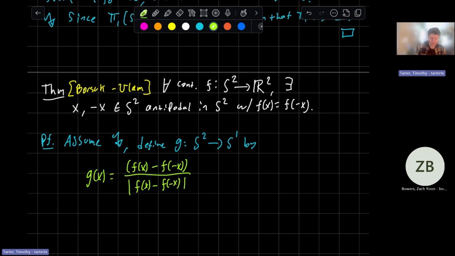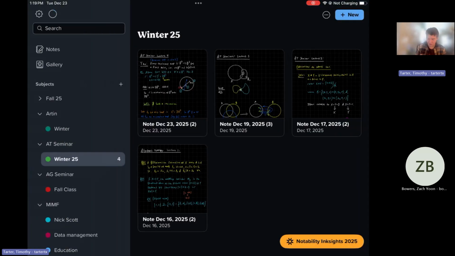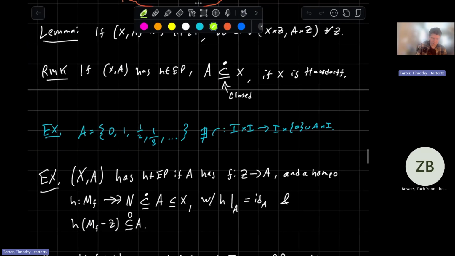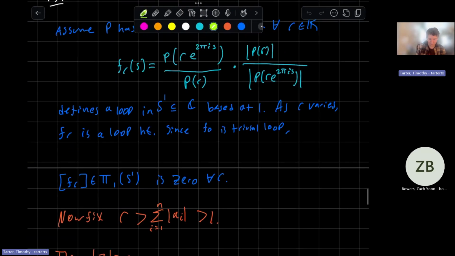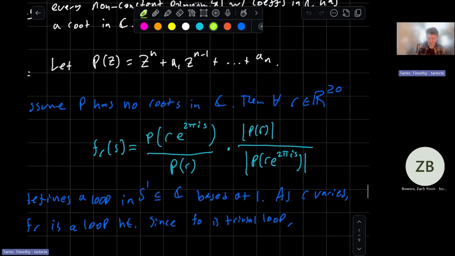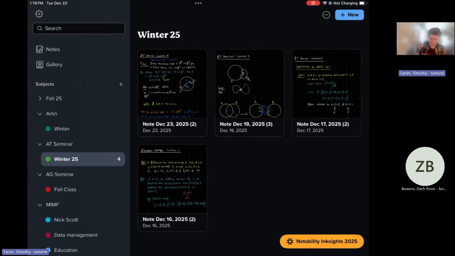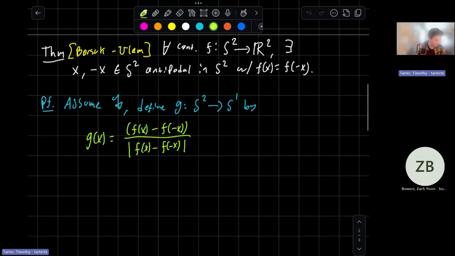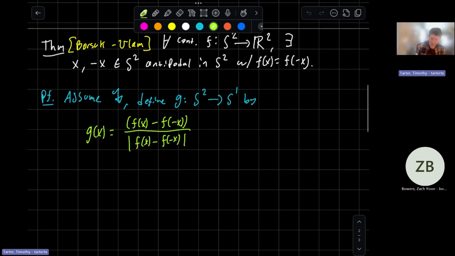And I gotta say, this is looking awfully familiar to when we proved the fundamental theorem of algebra. But I digress. I'm just kind of wondering if that's a trick.